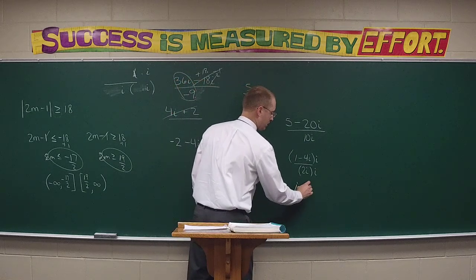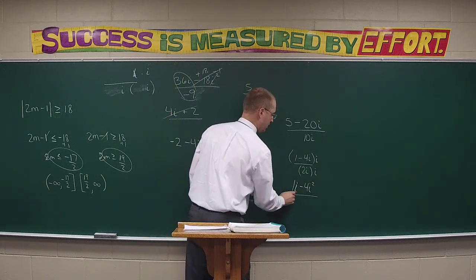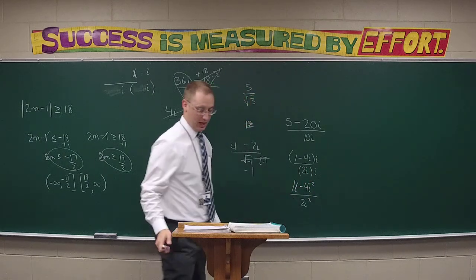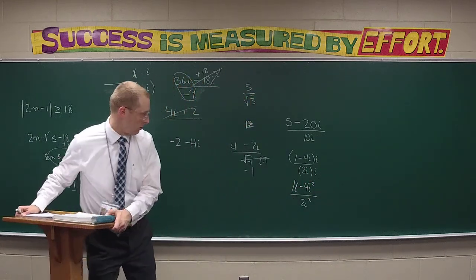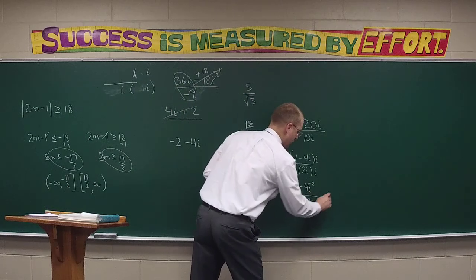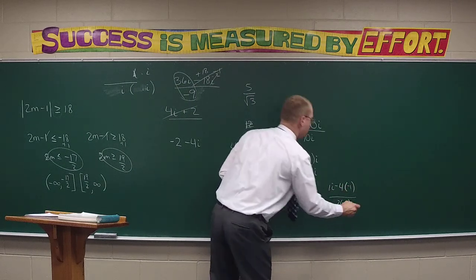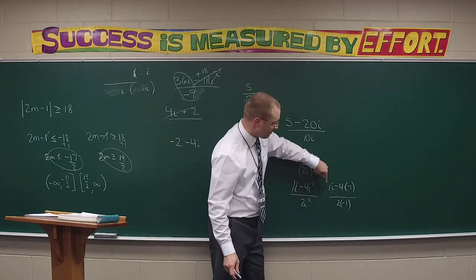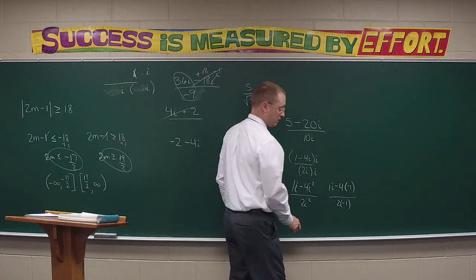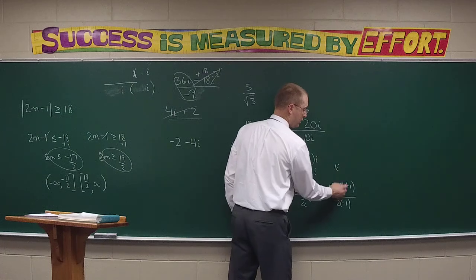1i minus 4i squared all over 2i squared. And we got to remember that i squared is negative 1. So each of these i squares becomes a negative 1. So this numerator could be rewritten now: 1i plus 4.